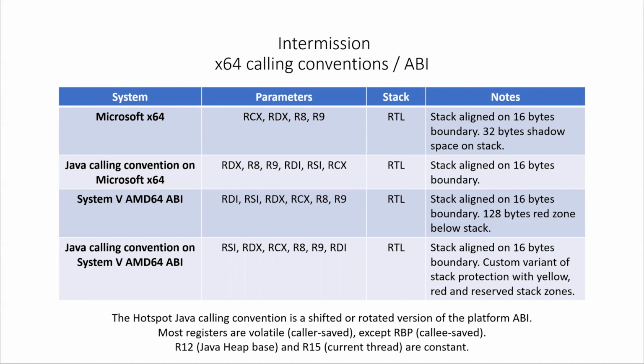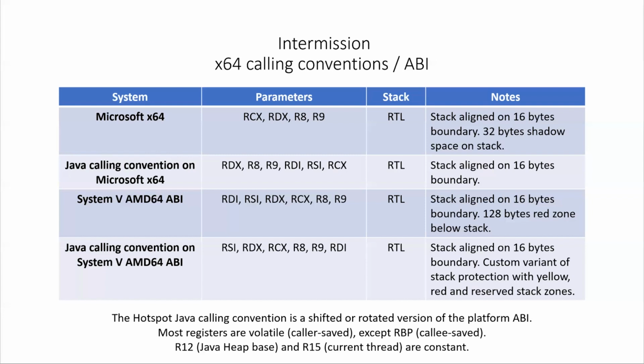If we take a closer look, we can see that the HotSpot Java calling convention is a shifted or rotated version of the platform ABI. This shift or rotation is because by skipping the first ABI register, we can call non-static JNI methods without having to shuffle the arguments. Instead, we only place the JNI env pointer directly in the first ABI register.